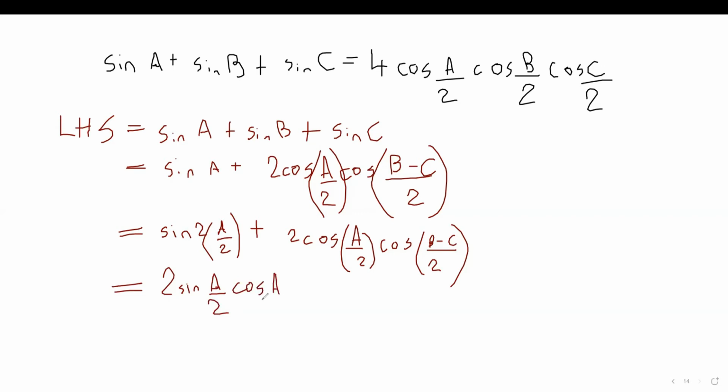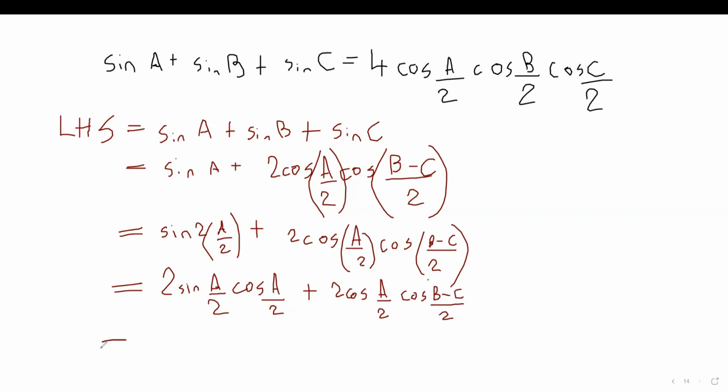So this becomes 2 sine A over 2 cos A over 2 plus 2 cos A over 2 times the cos of B minus C over 2.